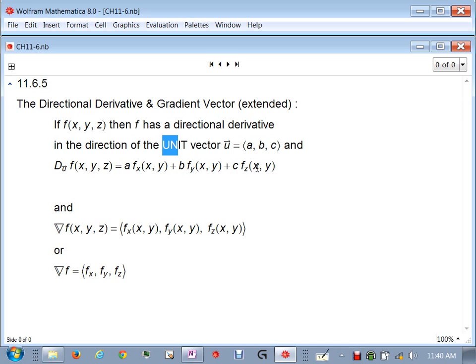So there's your c in front of that. And further, you could break that up and make it look like a dot product again, and you could call the partials together in a vector the gradient. Or you could use that notation there. These are all the same, and this actually extends out if you have a function of 4 variables or 5 variables or 6 variables. It doesn't matter. You can always define the gradient. All right?